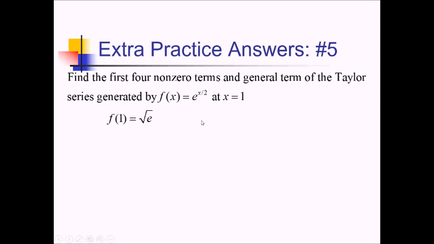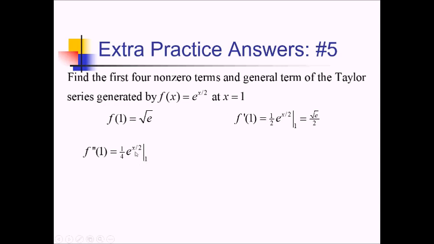Now f prime of 1, that's going to be 1/2 e to the x over 2, using our chain rule there. Evaluating that at 1, that's going to be 1/2 e to the 1/2, or just 1/2 times radical e, or just simply radical e over 2. Next, for the second derivative, we're going to have all of this stuff times another 1/2, so that's actually 1/4 e to the x over 2.